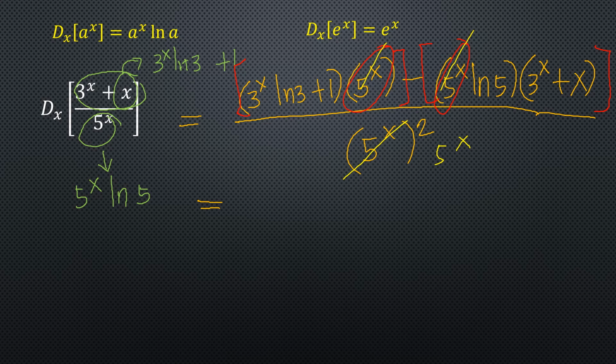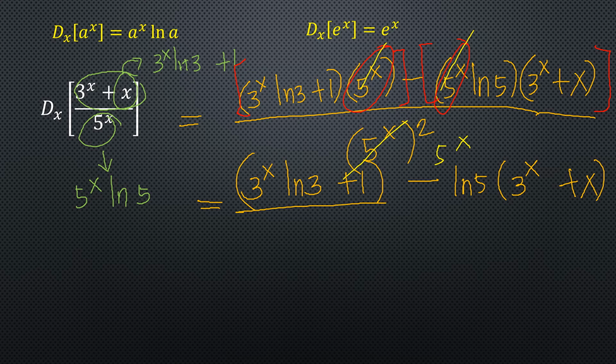So we already simplified, so we have 3 raised to x, ln of 3 plus 1 minus ln of 5 times 3 raised to x plus x over 5 raised to x. So we now have 3 raised to x, ln of 3 plus 1.